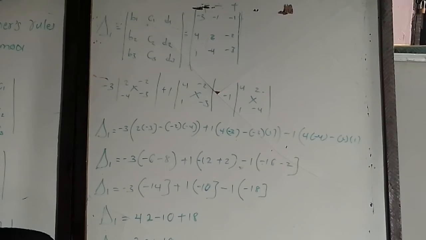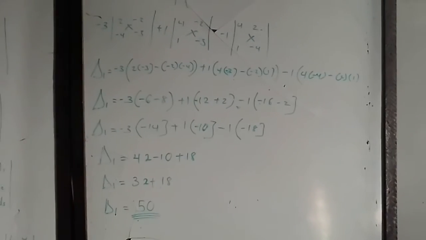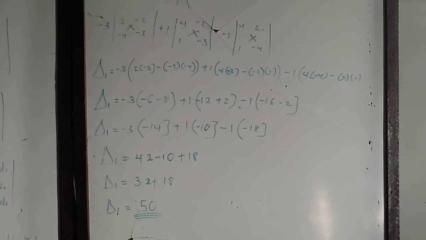So minus 3 times minus 14 will give us plus 42. Do we understand?